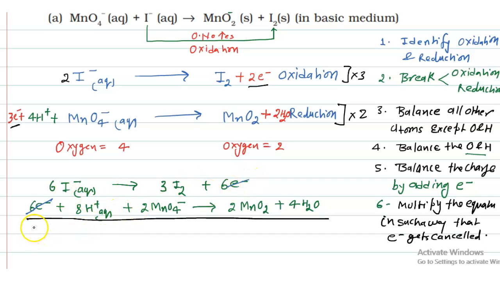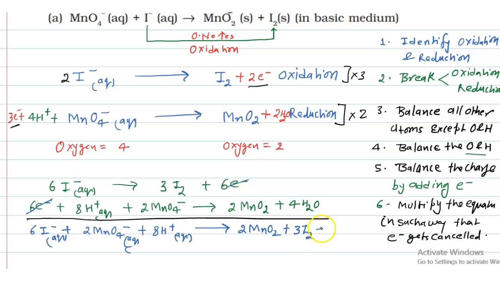So our new equation will be: 6I minus plus 2MnO4 minus plus 8H plus equals 2MnO2 plus 3I2 plus 4H2O. Here we have MnO2 solid, I2 solid and water liquid.